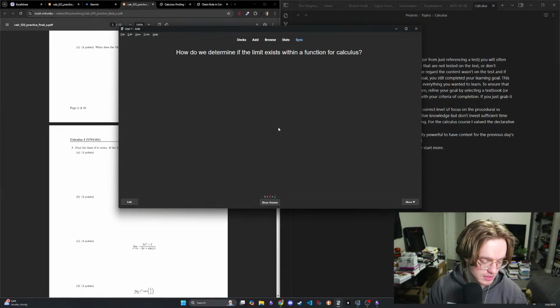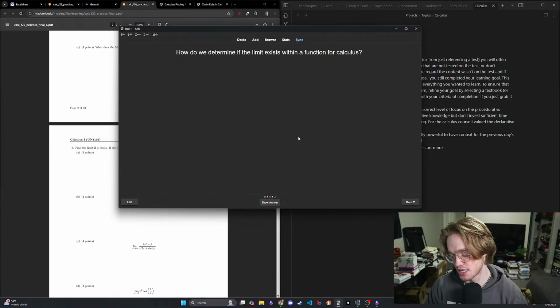Okay, next. A limit exists within a function. So we follow four steps. The first one would be to evaluate the limit. Just plug it in. If it results in a value, that's the limit. If it doesn't result in a value, but if you take the limit from the left side and the limit from the right side, and that results in an equivalent value, then it is there.